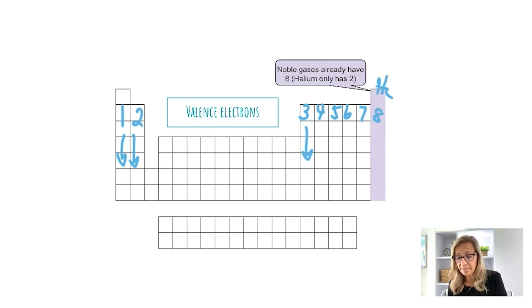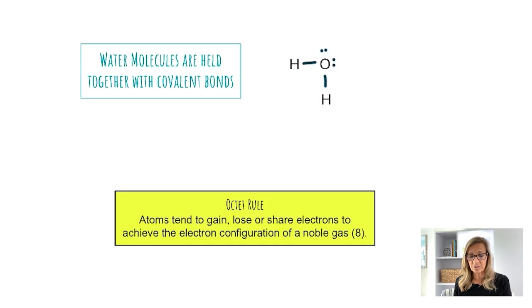Except for little helium. Little helium only has 2 electrons. And he is a noble gas. You know what? He's already all completely stable. He's got 2 electrons, and that's all he can handle because all he has is his little 1s orbital, and it is completely full. So hang on to your valence electrons, and let's talk about molecules.